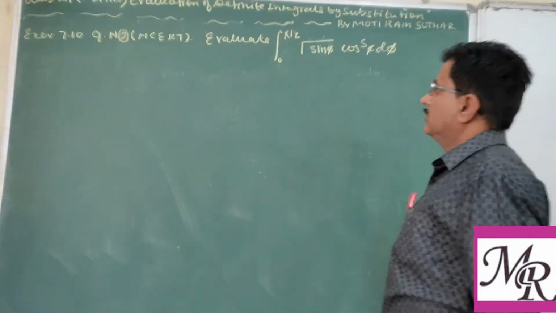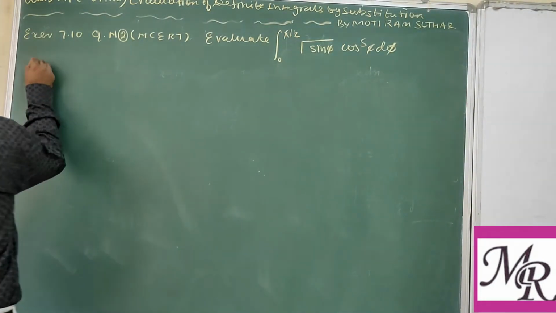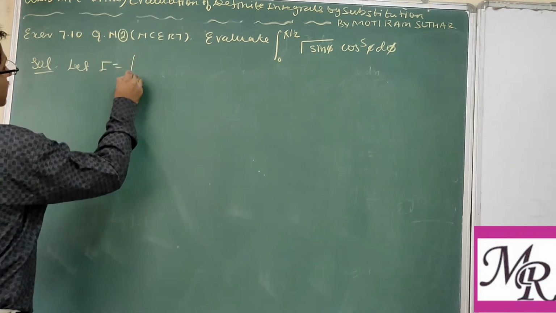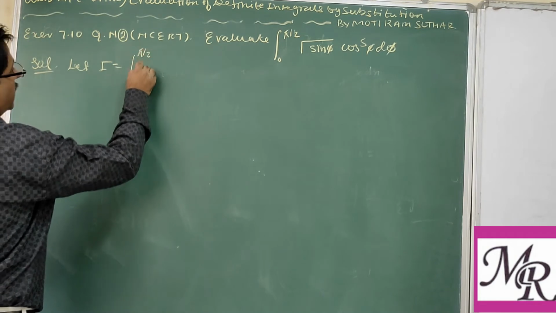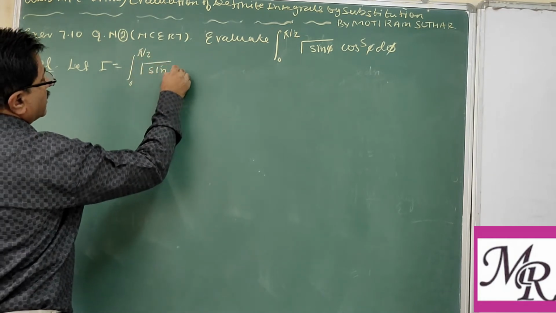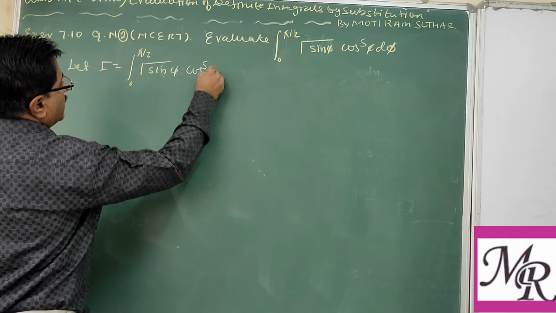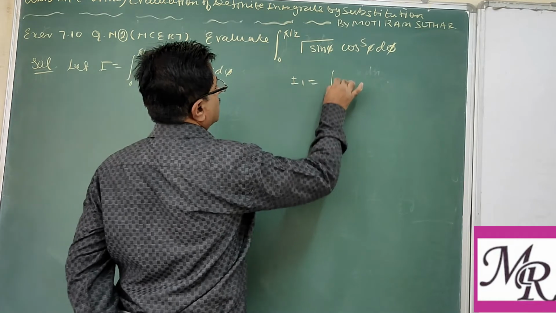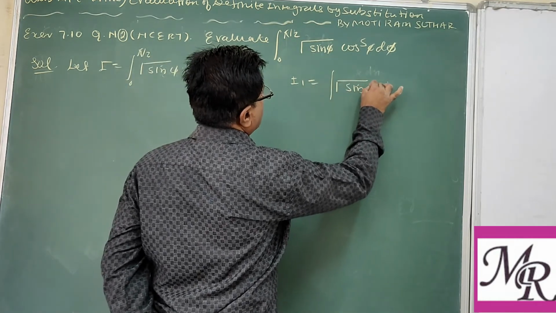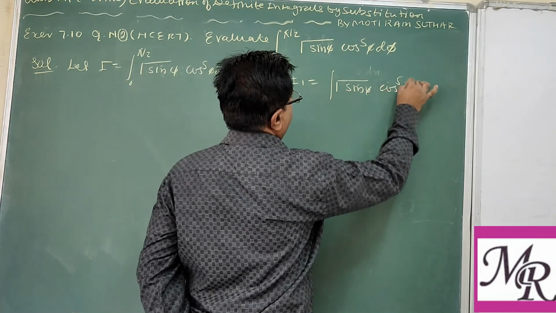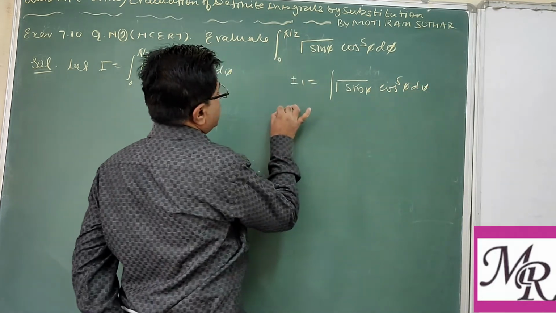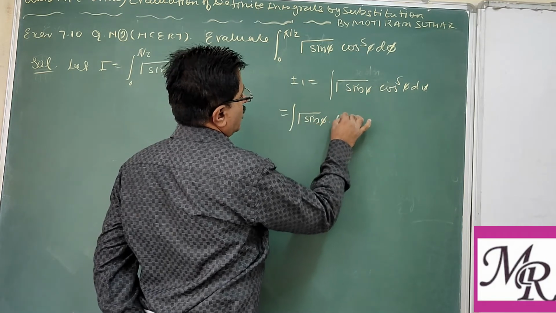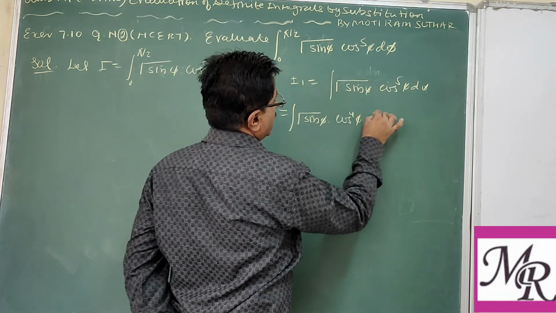So here we take the solution. Let I be the given definite integral from 0 to pi by 2 of root of sin phi cos phi, d phi. Now we first treat it as an indefinite integral. For substitution, we write cos power 5 as cos power 4 into cos phi.